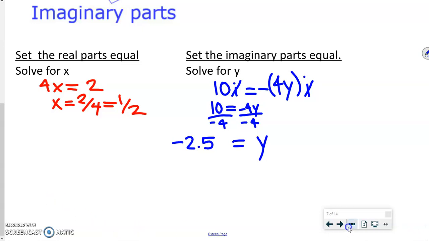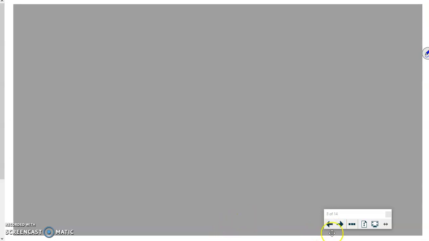So on the next set, you guys are going to work a couple of these, again setting the real parts equal to the real parts and the imaginary parts equal to the imaginary parts. So you guys should be doing the You Try 1 and 2. Number 1 is 2x minus 6i equals -8 plus 20yi.